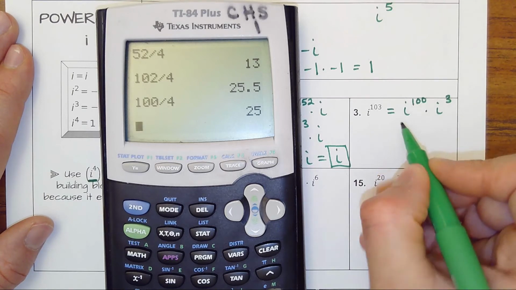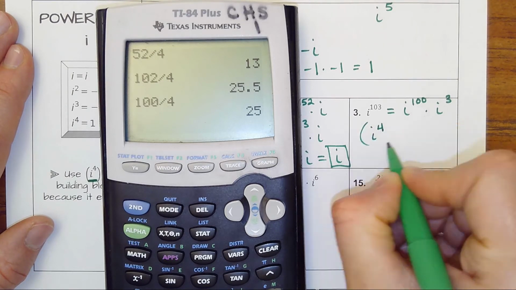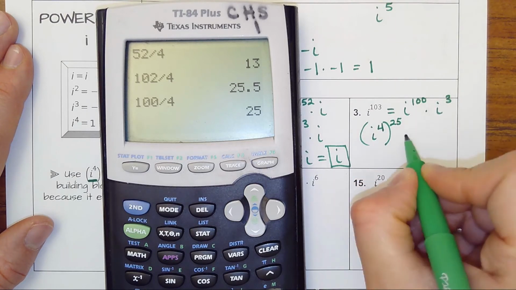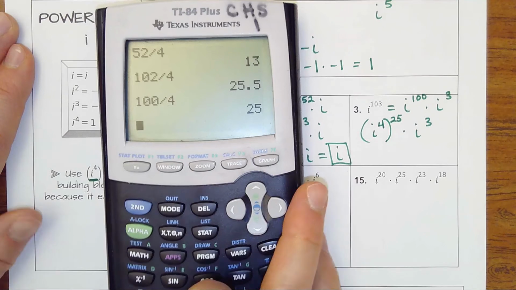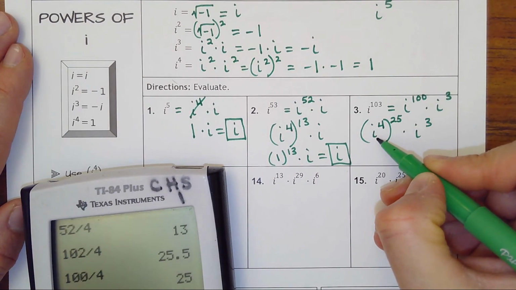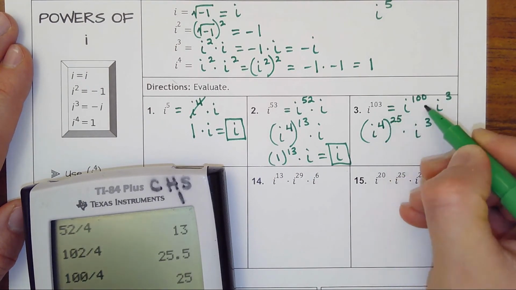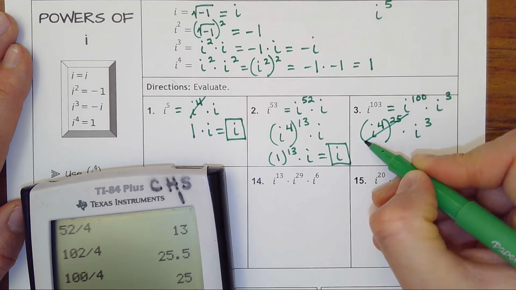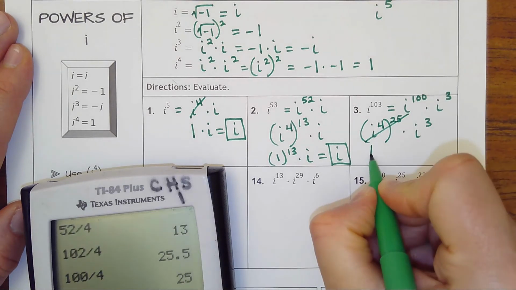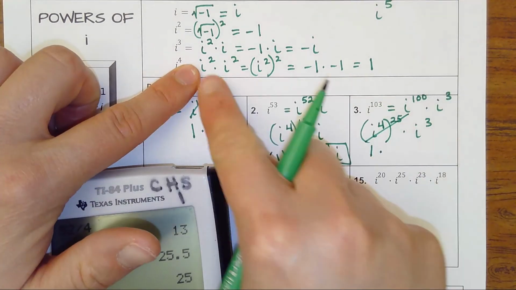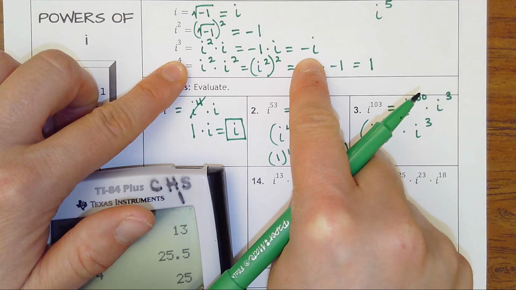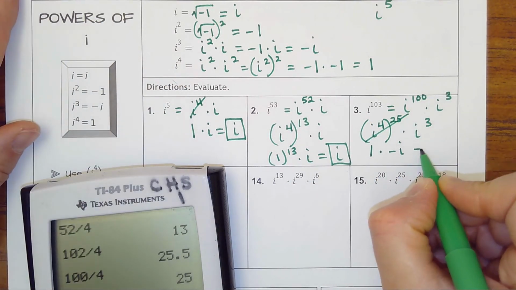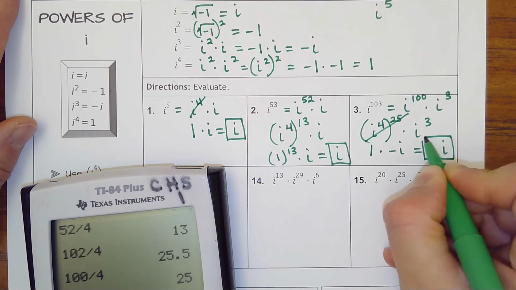Then i to the 100 is really i to the fourth raised to the 25th, because that multiplies to make 100, and still times this i to the third. Anytime I see i to the fourth raised to a power, or even when I see i to a power that's a multiple of 4, I just know this is 1. So 1 times i to the third, and if we look up here at what that really was, that was -i. 1 times -i is -i.